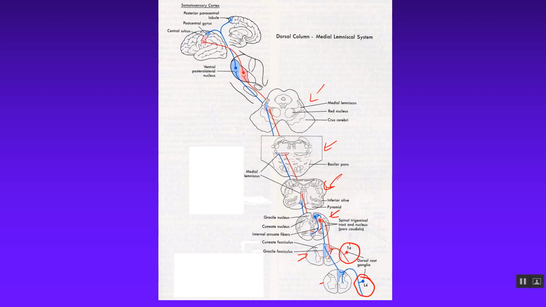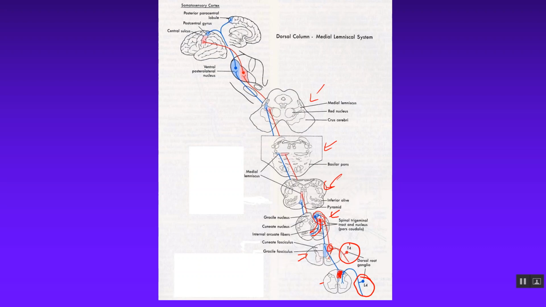Just notice how when those come in, the red and blue, it starts out you only have blue, right, down lower because that's lower body. Then you add the red on to the outside. That's when you start adding on that fasciculus cuneatus. Then here's where you get up into the lower medulla. Those both cross over to the other side into that medial lemniscus.